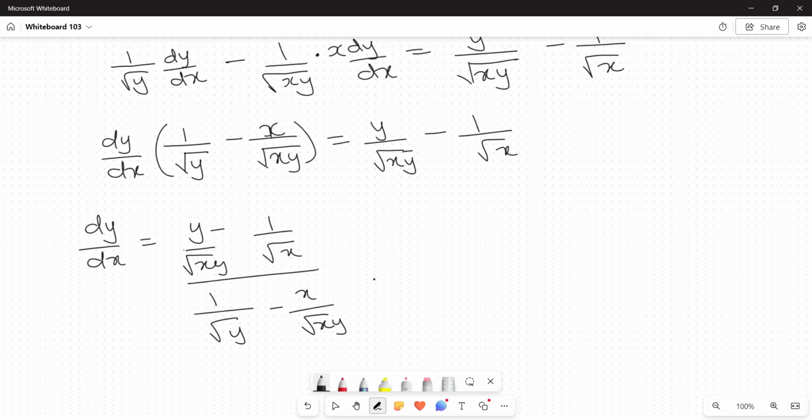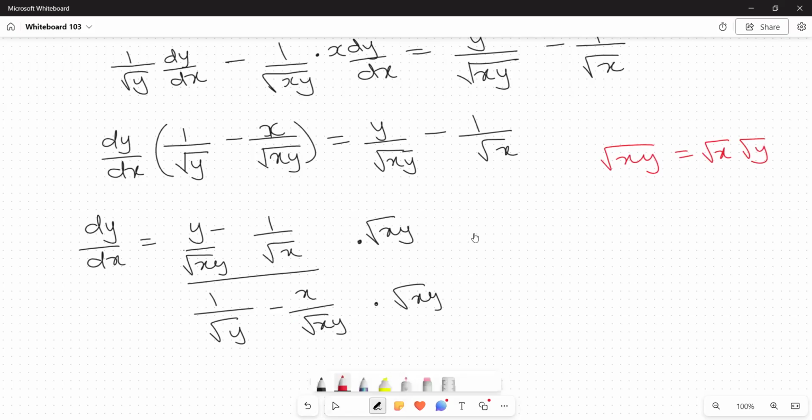Like I said, we don't like fractions within fractions, so I can multiply numerator and denominator by the square root of xy. And remember, the square root of xy is equal to the square root of x times the square root of y.